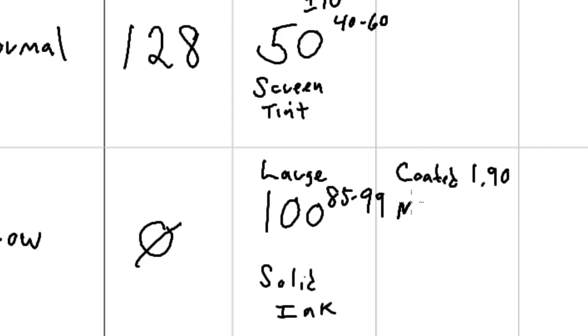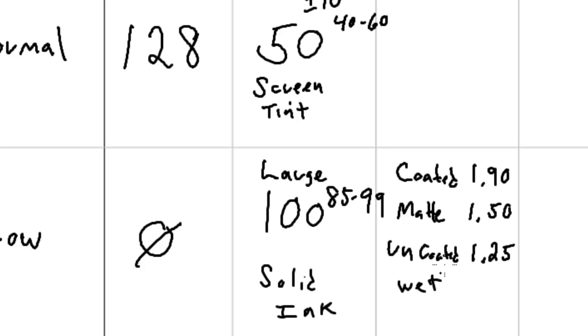If you're on matte paper, you're probably around 1.50. And if you're on uncoated paper, you're probably around 1.25. And these are all for wet densities, right? So the D max, the maximum density, is probably going to be less than 2.0.